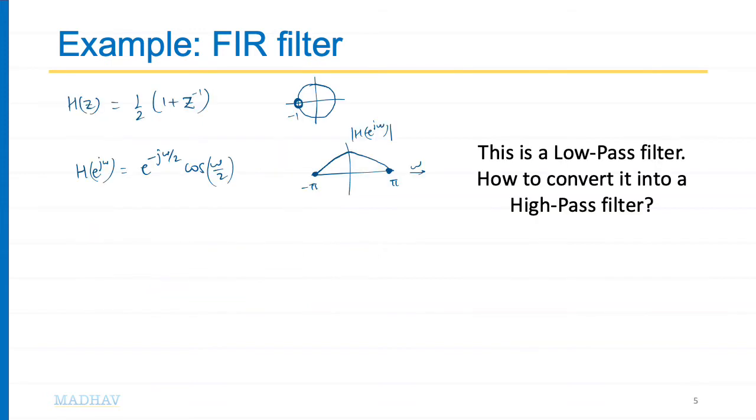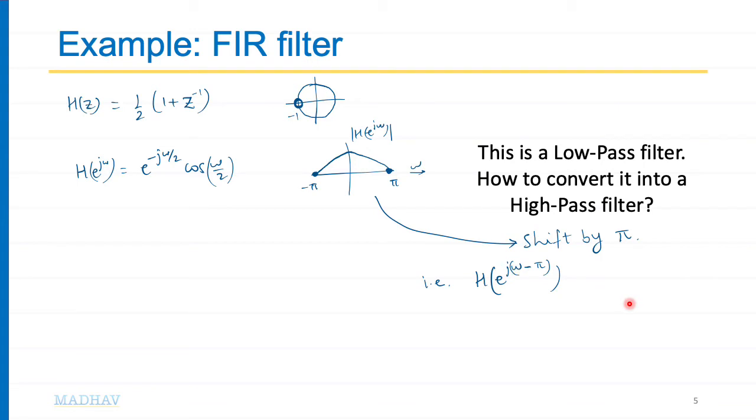So you look at this plot, and basically you want to pass the higher frequencies and cut down the lower frequencies. So just shift it by pi. If you shift the whole thing by pi, then the low pass filter will be a high pass filter. So the new H(e^{jω}) will be equal to H(e^{j(ω−π)}), right?